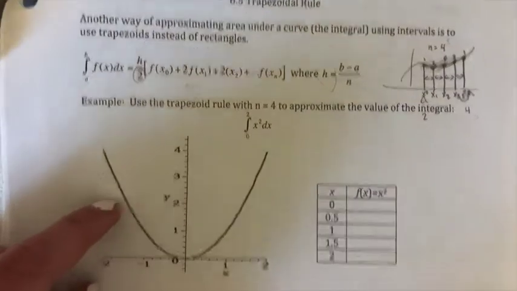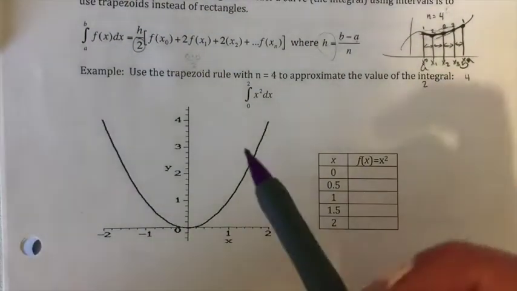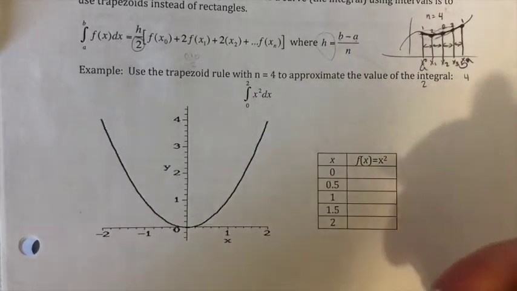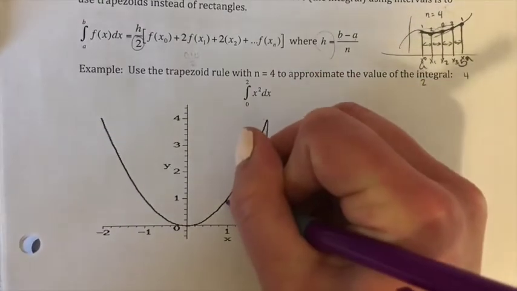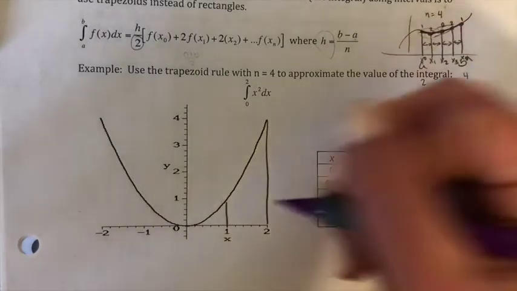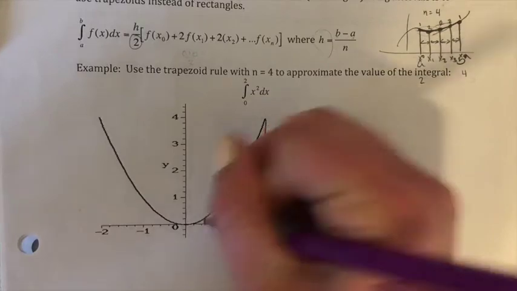So we're going to use the trapezoid rule with n equals 4 to approximate the value of the integral from 0 to 2 of x squared dx. So I've given us the graph. So if we're going from 0 to 2 and we're using 4 sections, we can split it like that.